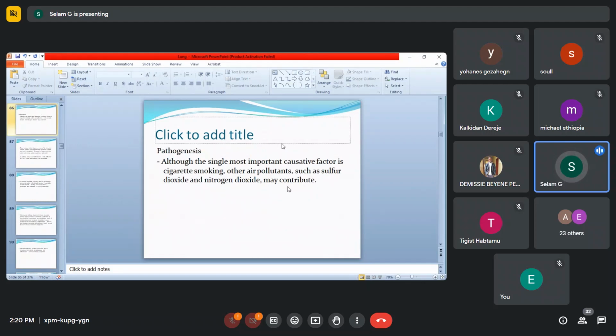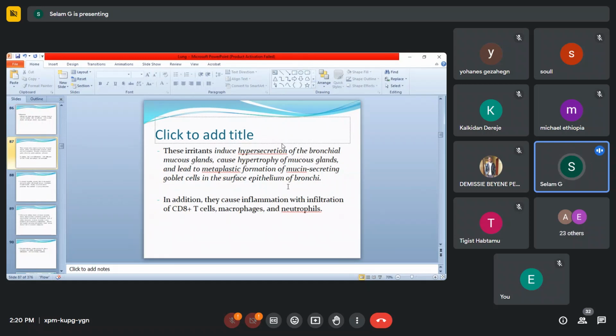In chronic bronchitis, although the single most important causative factor is cigarette smoking, other air pollutants such as sulfur dioxide and nitrogen oxide may contribute. So hazards exposed by different mechanisms may lead to the formation of the disease.